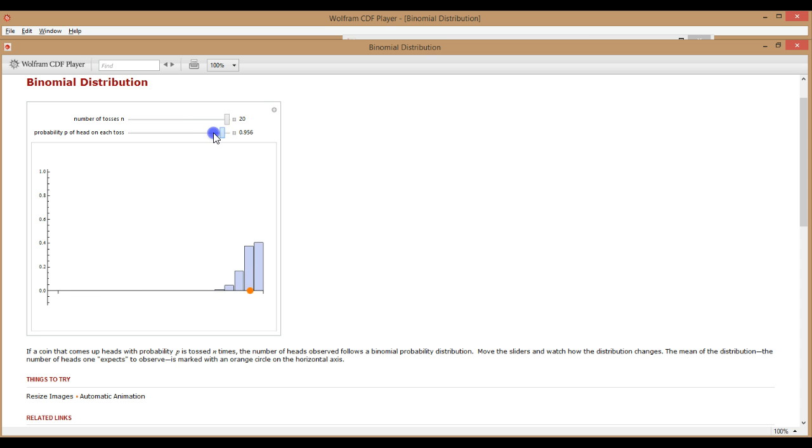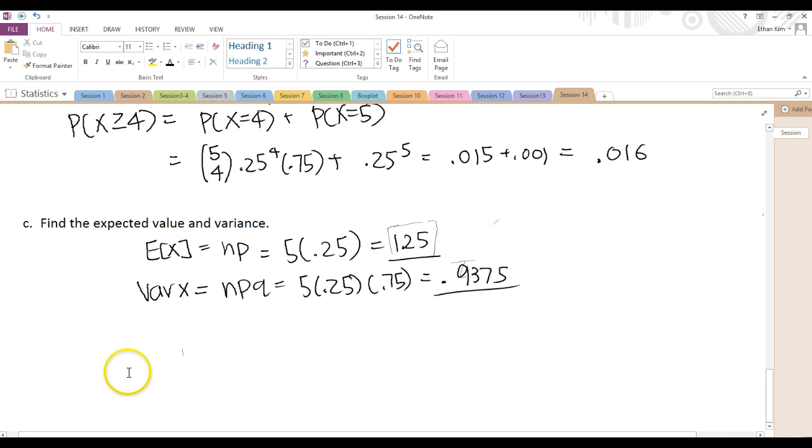So as the probability increases, obviously the expected value or the mean will increase, and if you decrease the probability, the average or the mean will go towards the left. So that's how the value changes. All right, so going back to our notes, now we're going to talk about the normal distribution.